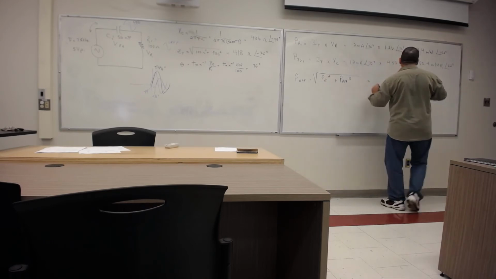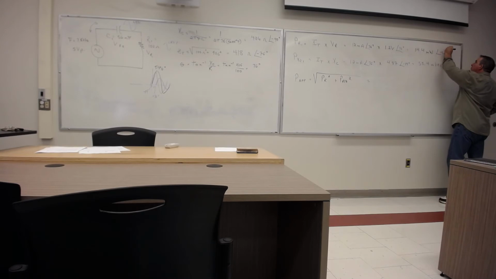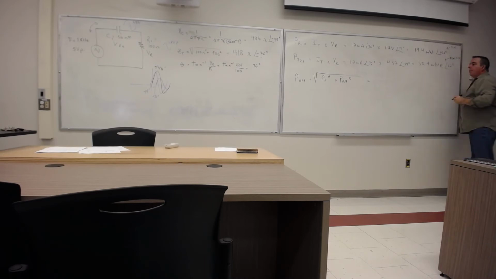The real power here, this is real. This is reactive, because it happens on the capacitor. We're not burning watts on a capacitor. It's not burned, it's just stored, so it's got to be reactive.